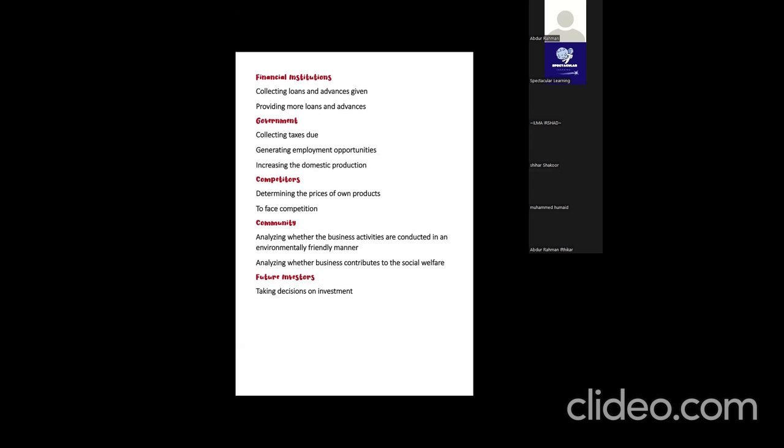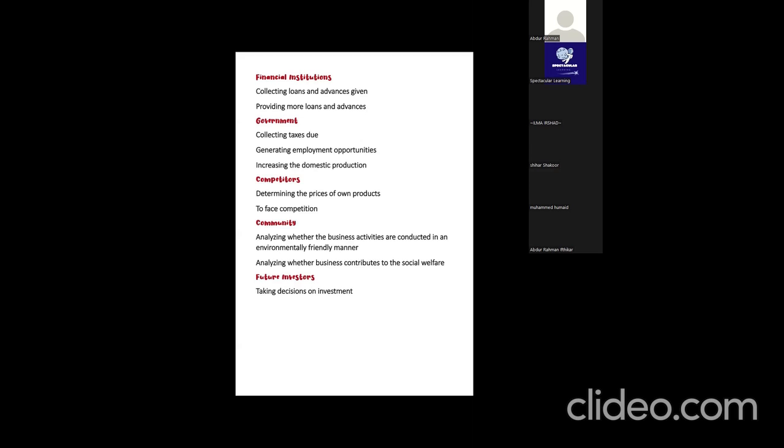Such things are given as opportunities from the financial institutions. Their objective is collecting the loans and advances given. When we take a loan from them, they expect us to pay it back on time. And also their objective is to provide us more loans.